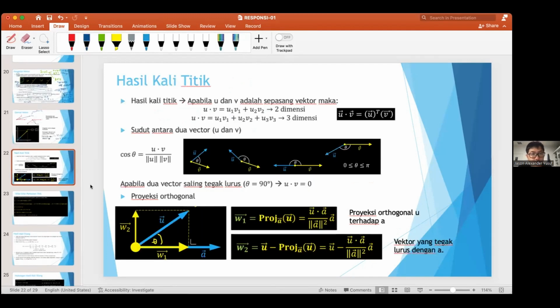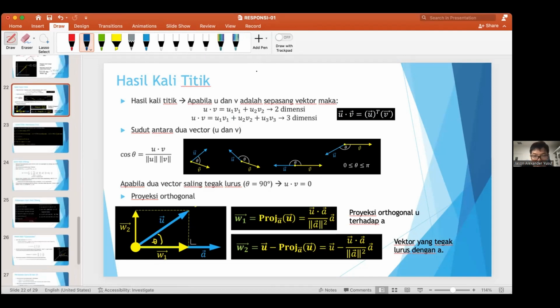This is what's called the dot product. So the dot product of vectors would be the same as performing matrix multiplication on the vectors, in which one of them is the transpose. So basically, this is what happens. Let's say I have vectors u and v, where u is (u1, u2) and v is (u3, u4).